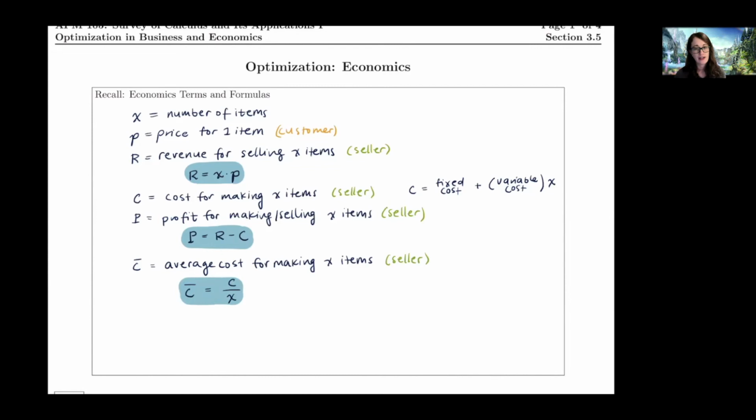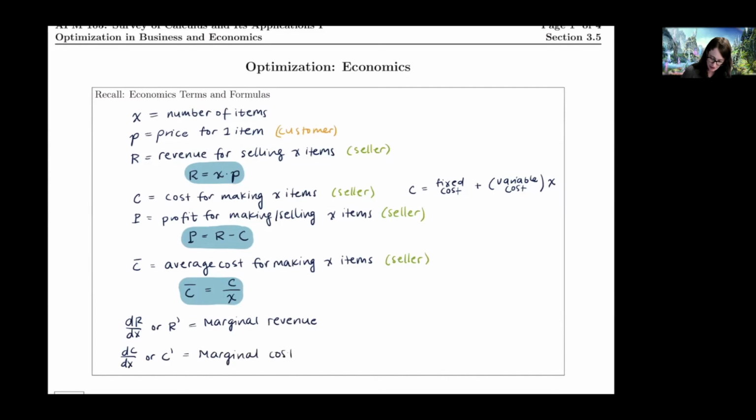We also talked about their derivatives, which we call marginal revenue, marginal cost, marginal profit. So dR/dx, or R prime, this is what we call marginal revenue. It is the change in revenue for selling one more item. So it's how much your revenue changes if you sell one more thing. dC/dx, or C prime, this is marginal cost.